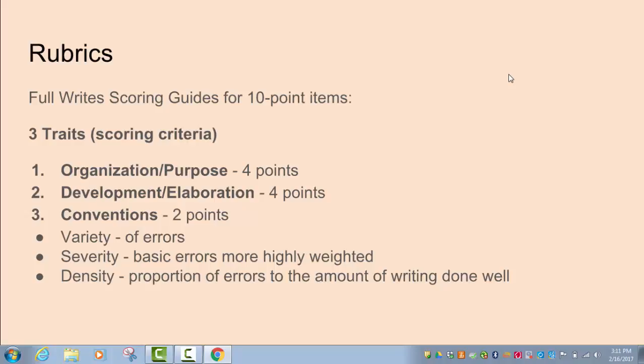Kindergarten misspellings would be severe errors for a third grader, but misspelling something like miscellaneous would not be a severe error. And then density is really the percentage of error within the piece. Is it 10% or 60%? So really trying to keep those 3 labels in mind when you're looking at that conventions rubric.